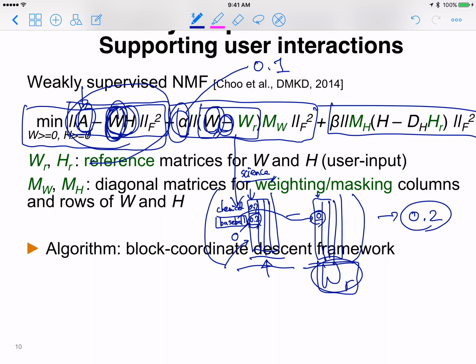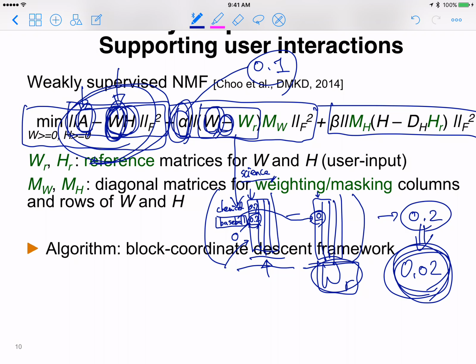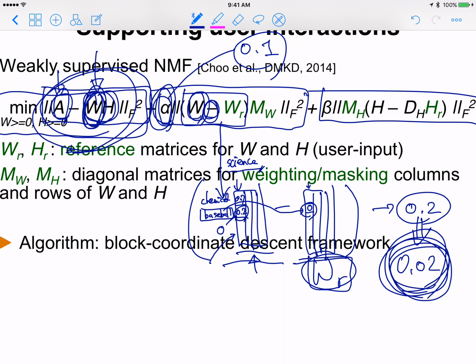This is discounted by the weight of 0.1, so 0.02 is contributing to our loss function. So W should minimize this part as well as focus on minimizing this loss. Okay, so this is the role of this WR.